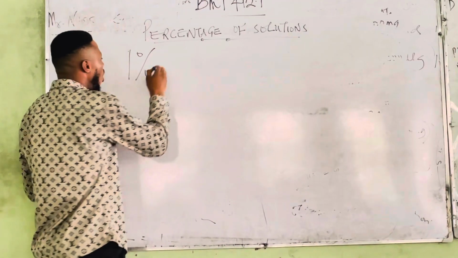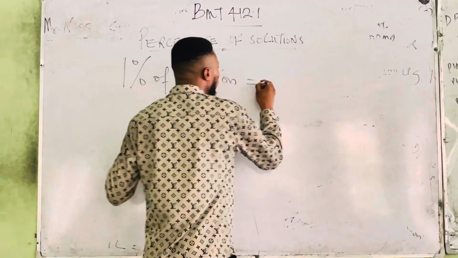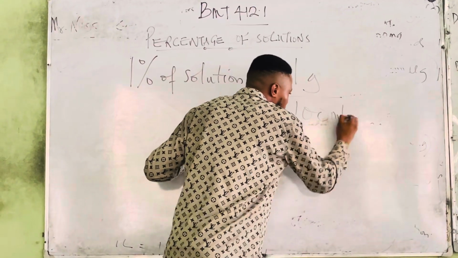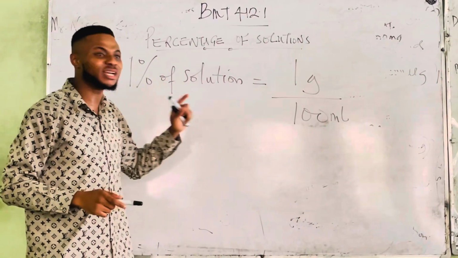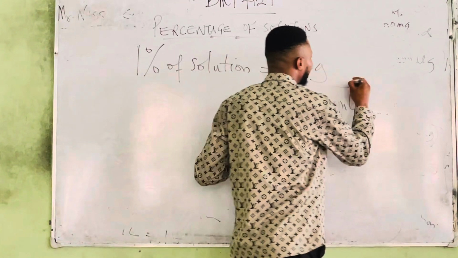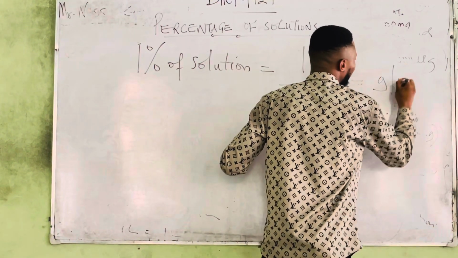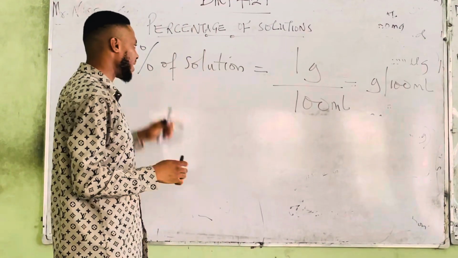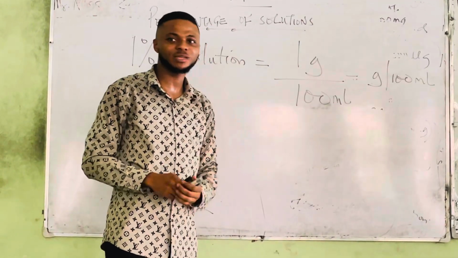1% of solution is equal to 1 gram per 100 ml. That is, every 1% of the solution is 1 gram of that solution in 100 ml. So, like I said, percentage of solution is equal to 1 gram in 100 ml.